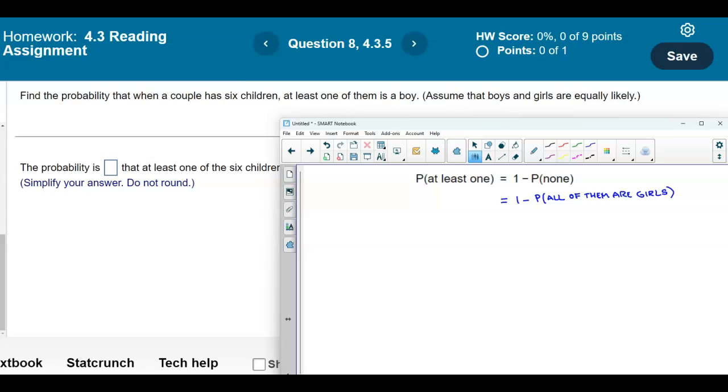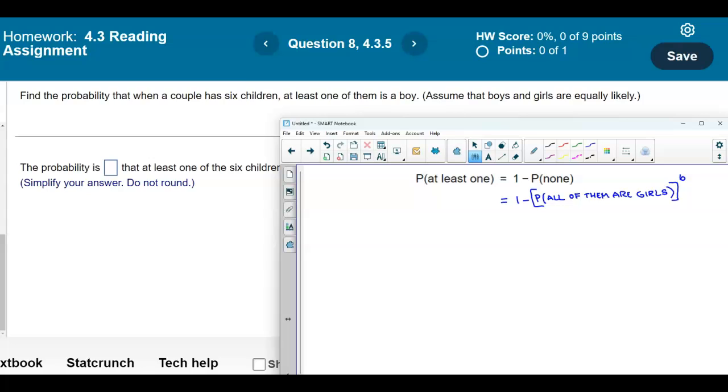Okay, now how many children are they saying that the couple is having? Well, that means there's 6 of them. So if there's 6 of them, then we're taking this probability and multiplying it 6 times. So we're going to raise this to the 6th power. Now, what is the probability of getting one girl?